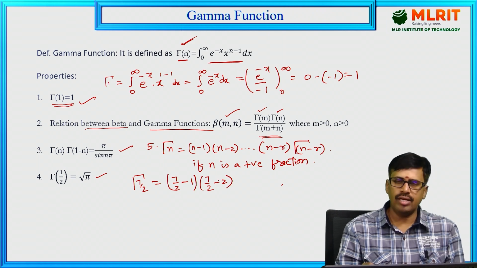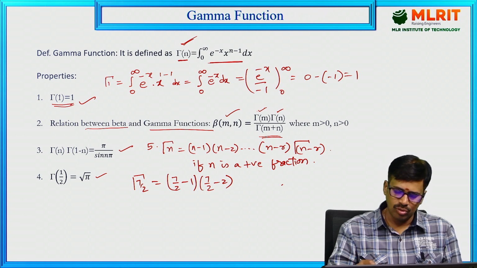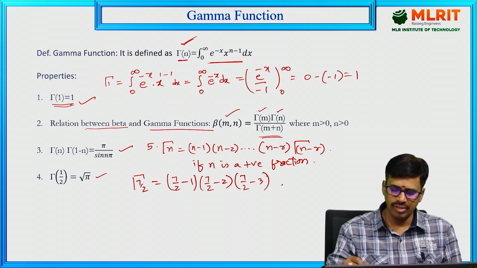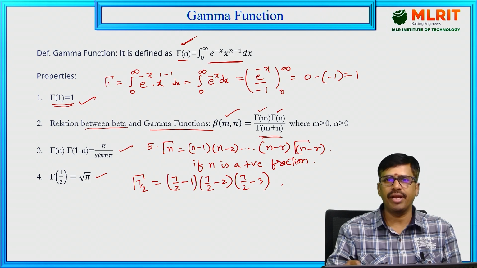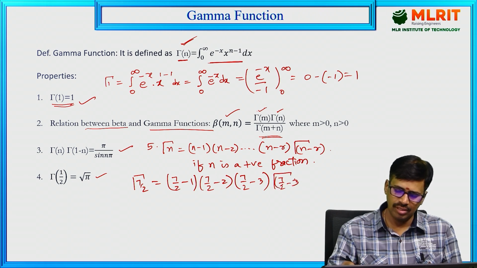You subtract 1, 2, 3 and so on, and where you get a negative fraction, you stop. 7 by 2 minus 3 is positive, but 7 by 2 minus 4 gives 7 minus 8 over 2, which is negative. So stop at 7 by 2 minus 3.